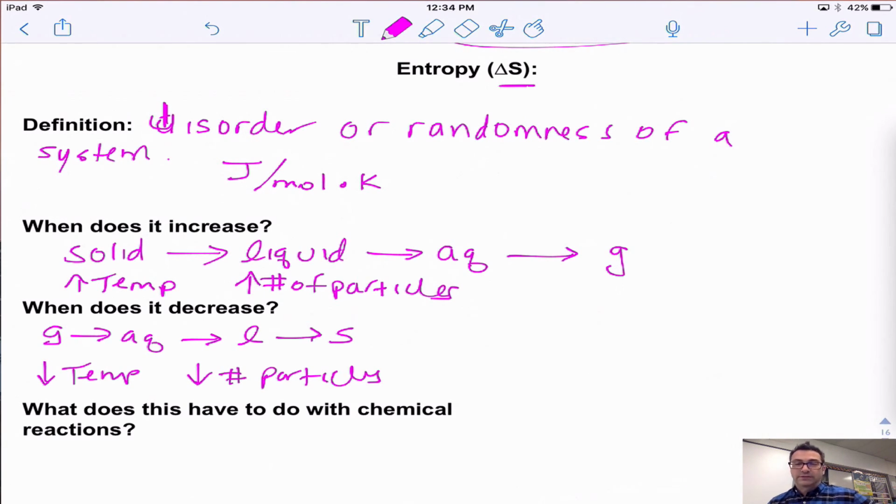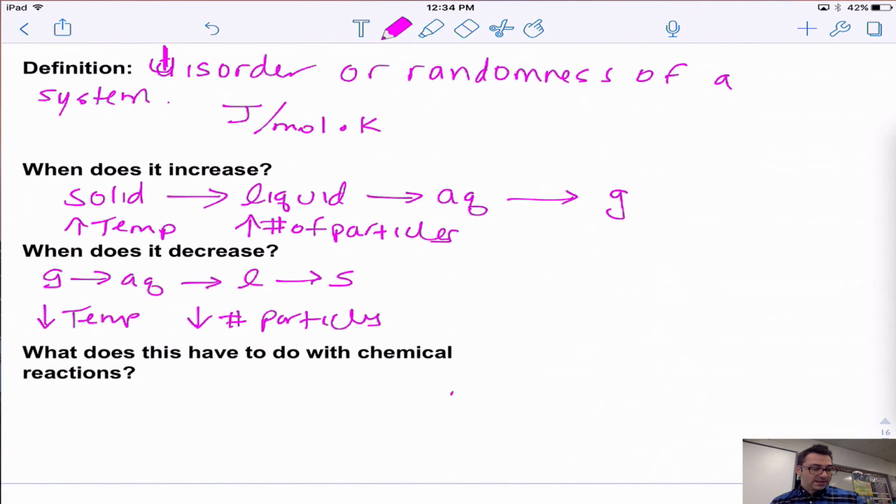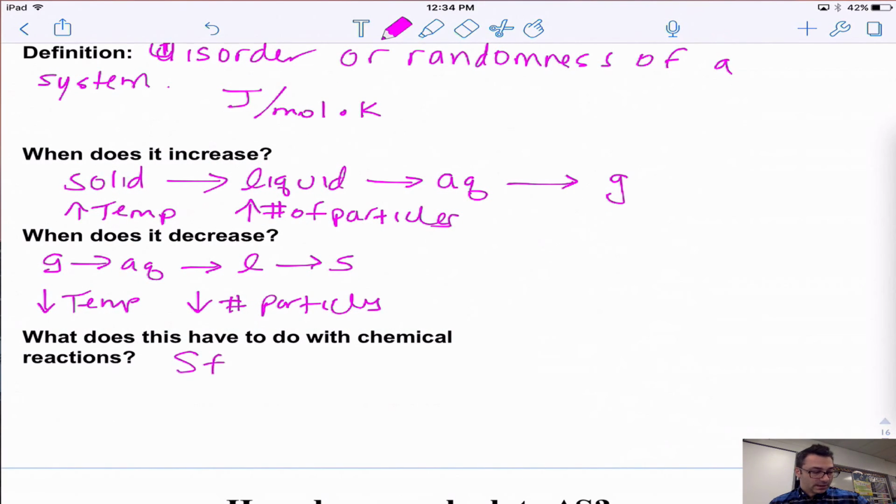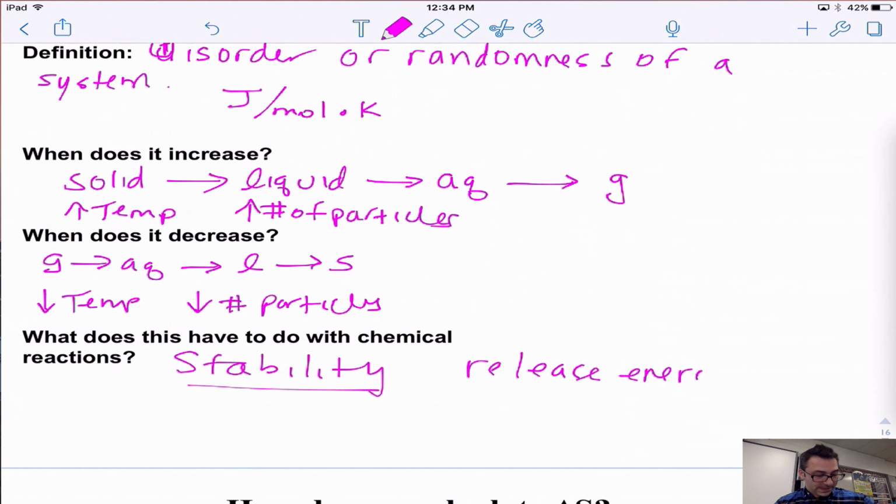So what does this all have to do with chemical reactions? Why do we care about randomness? Well, randomness is sort of a way to measure stability, and in chemistry, we're all interested in stability. We already talked about stability in terms of bonds. When you release energy, that would be exothermic. That would give you a negative delta H. That would lead to an increase in stability.